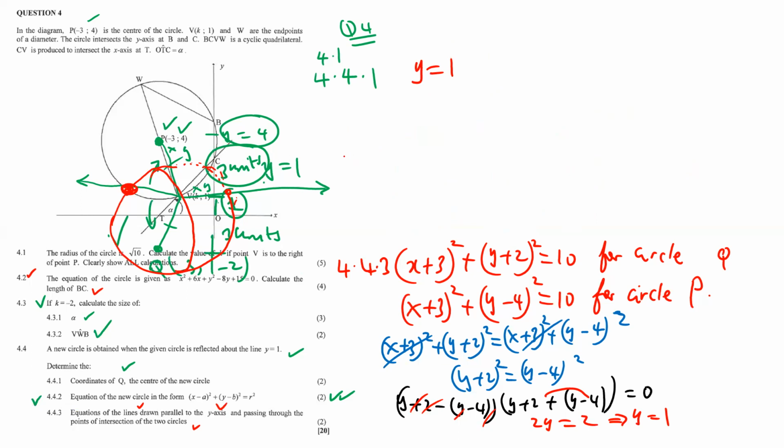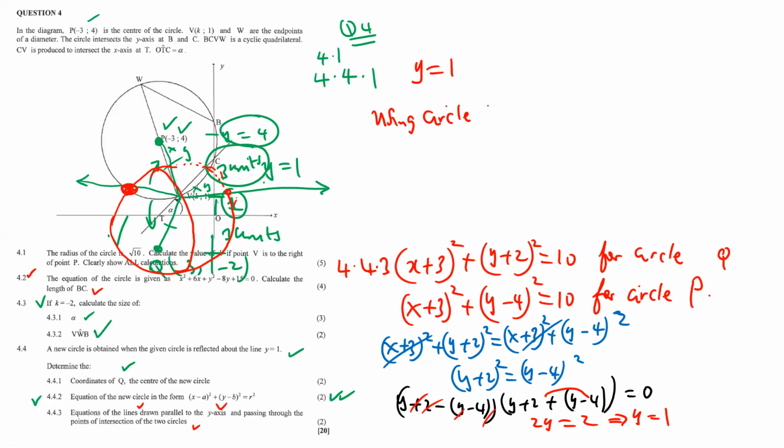So using any of the equations of the circle, you can get the corresponding x values. Let's use circle P. Why circle P? Because circle P was the given circle.